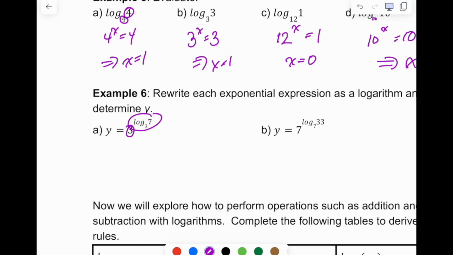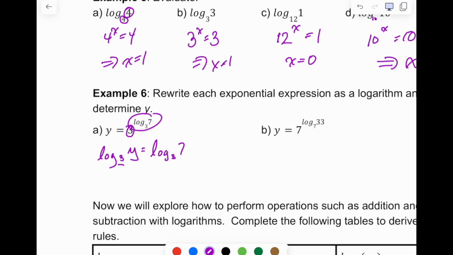So what's our base? The base is 3. What are we taking the log of? Well, it's y. Y is the answer to my power. And then the log of that is my exponent. So in this case, my exponent is actually log base 3 of 7.